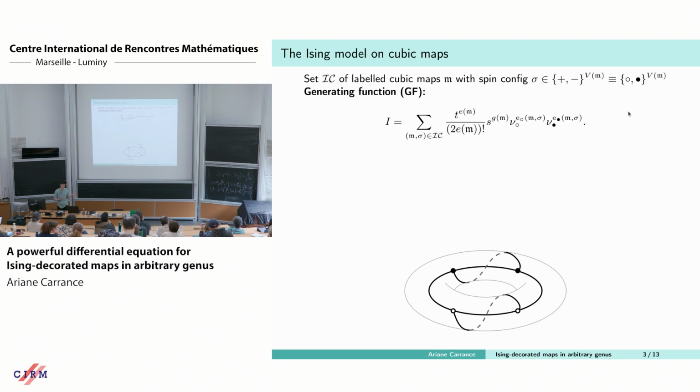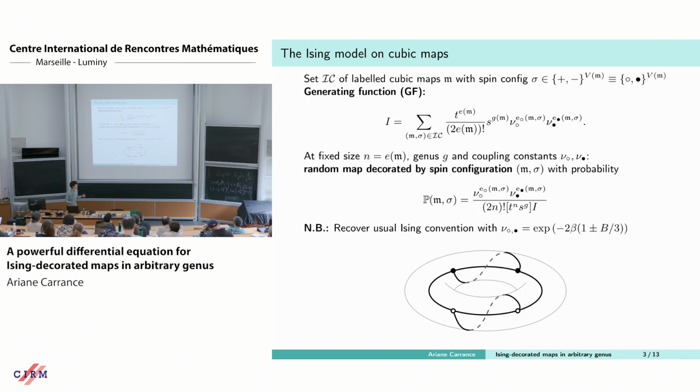This is slightly different from the convention that I just showed you before for fixed graphs. But if you take nu black and nu white to be these quantities in terms of beta and B, you recover the usual conventions.